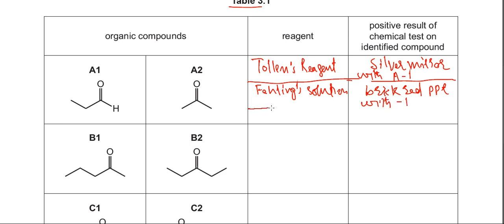Furthermore, if you forgot these two, then you can also easily mention that the aldehyde can be oxidized but ketone not. So you can use any oxidizing agent. Potassium dichromate and potassium manganate(VII) are good oxidizing agents, and whatever oxidizing agent you are using, you have to mention that aldehyde will oxidize.